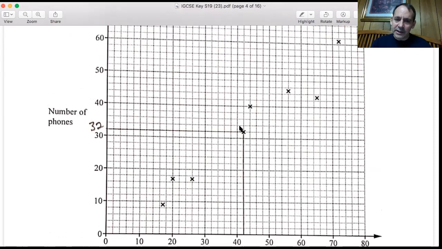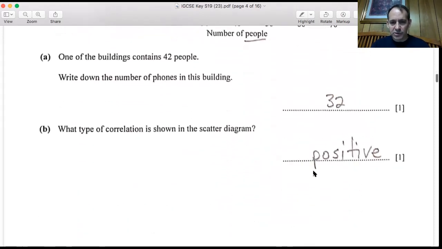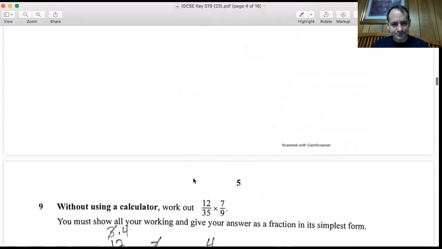If they were generally going down, that would be negative correlation. And if they were somewhat circular, no particular direction, then that would be neither. So it will either be positive, negative, or neither. This one is obviously going in an upward direction, or like a positive slope. So you'd call it a positive correlation.